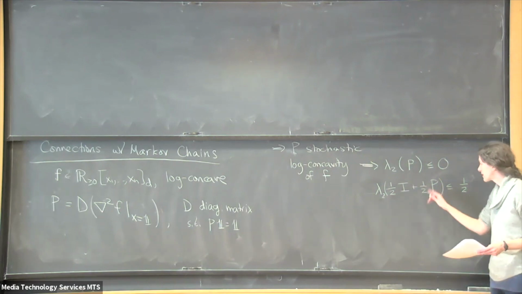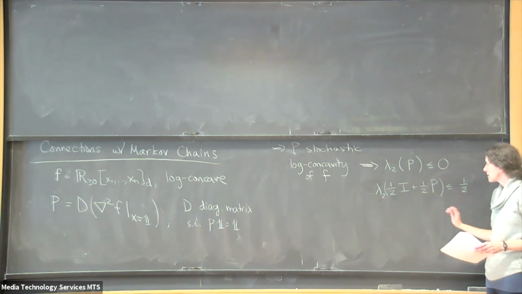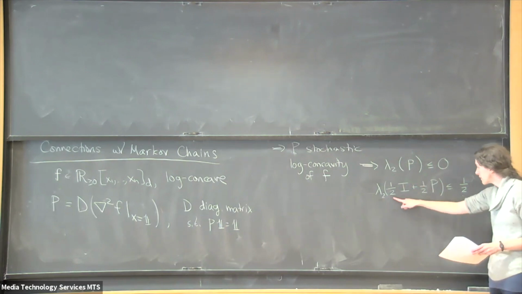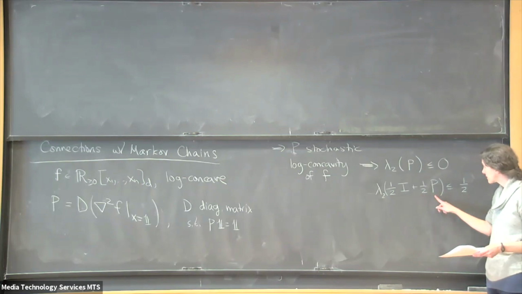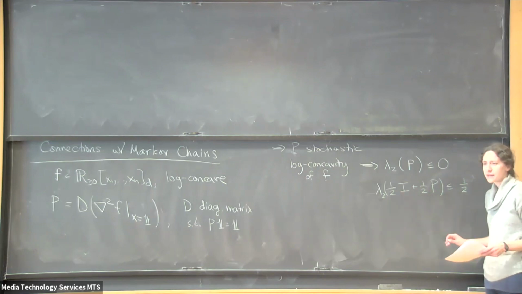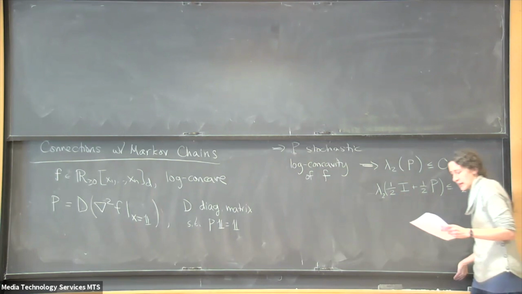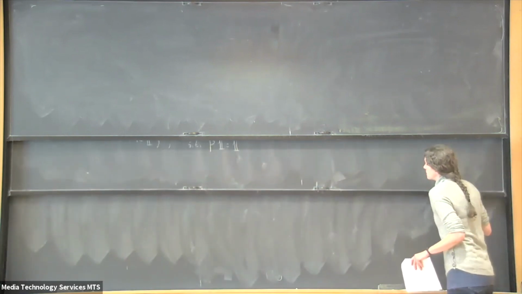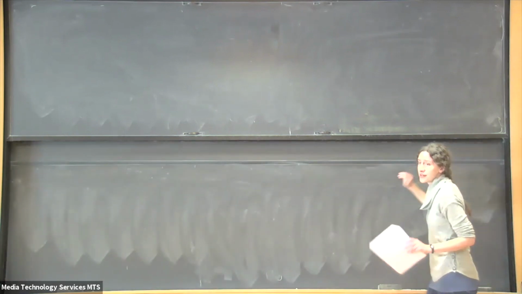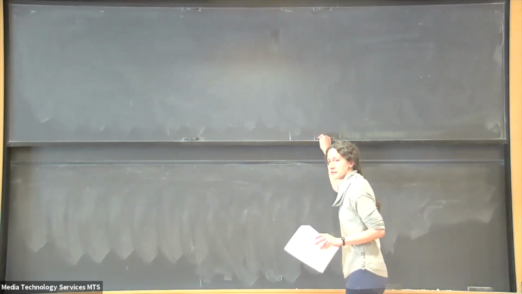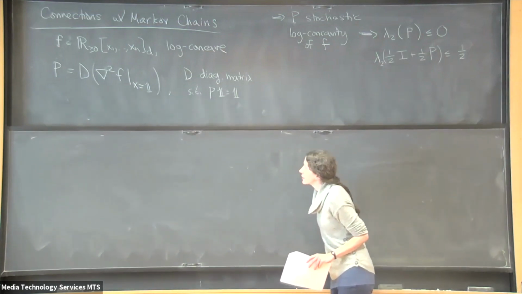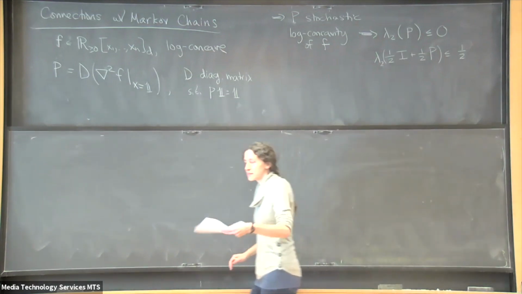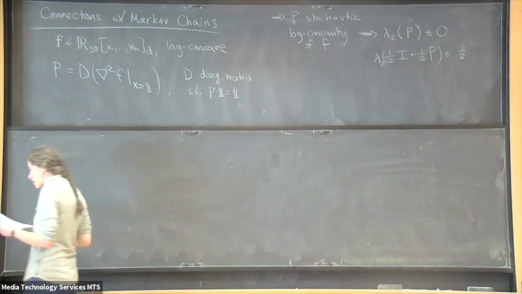So I'll be concerned with looking at the Markov chain that this matrix gives, and bounding its second highest eigenvalue away from 1, because then I get very fast decay. The way I run more than one step of this Markov chain is by taking powers of the matrix.